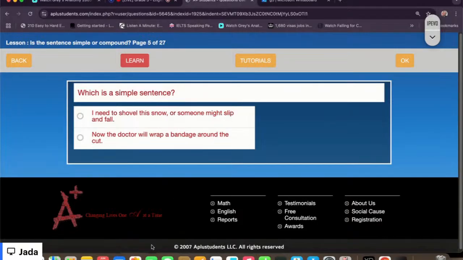Now the doctor will wrap a bandage around the cuts. Okay, so we have: I will wrap a bandage around the cuts.